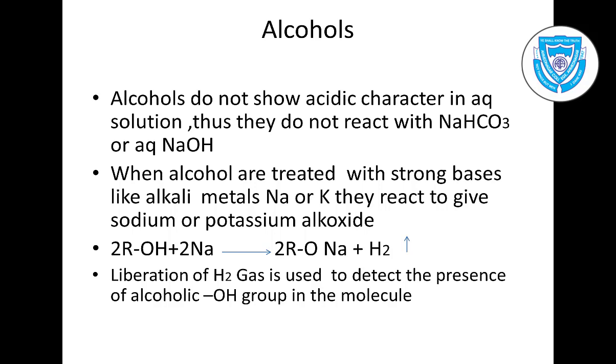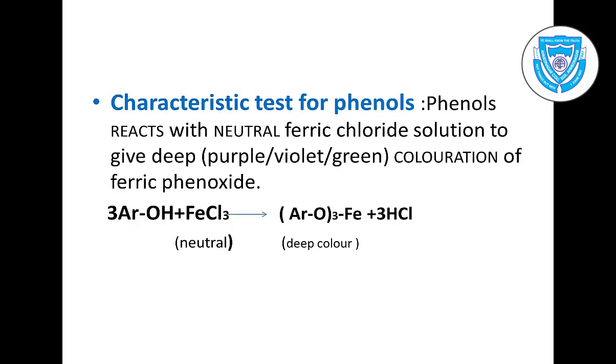Now we will move on to the next slide, and this is the distinguishing test for phenol. For example, if you are given an organic compound and you need to detect whether it is an alcohol or a phenol, this is a specific test where you get a deep purple or violet coloration.